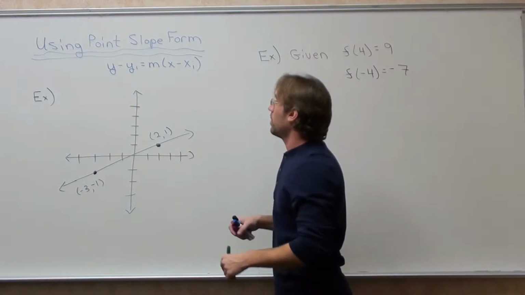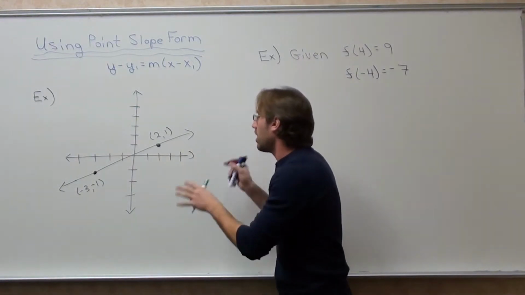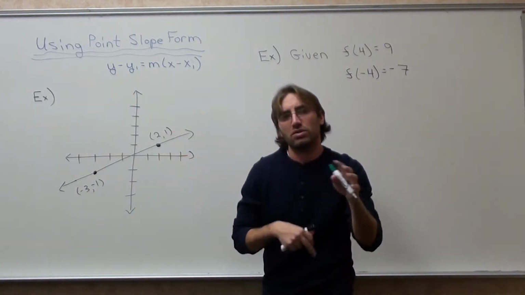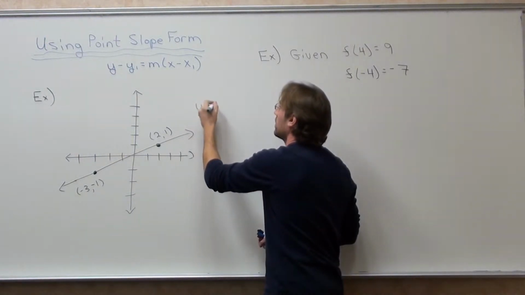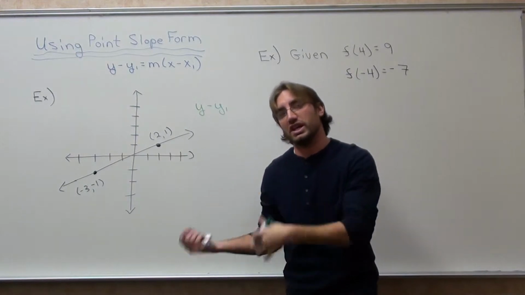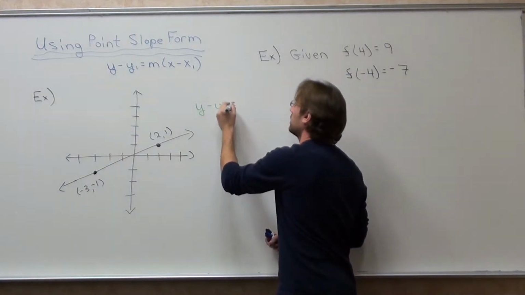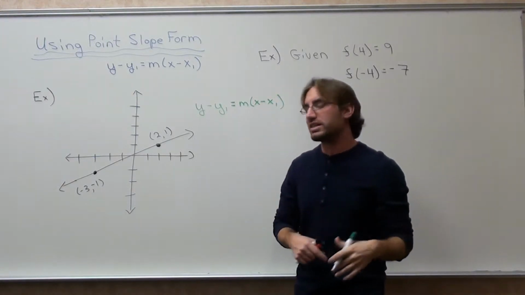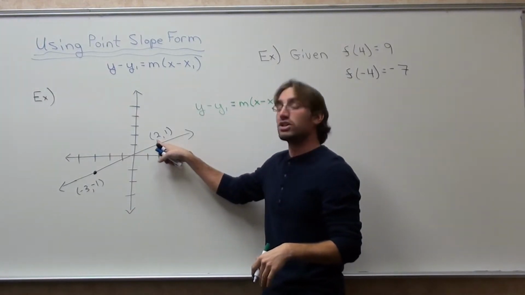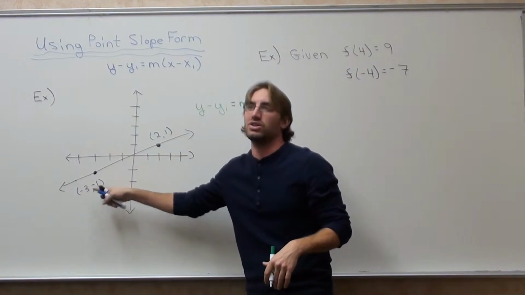With that said, what I want to do is figure out how to put it in y minus y sub 1 equals m times x minus x sub 1 form. Well, here we go. If you want to do it, the first thing you got to do is write out the formula. Now for y sub 1 and x sub 1, you could actually use either this one for x1 and y1, or you can use this one for x1 and y1.